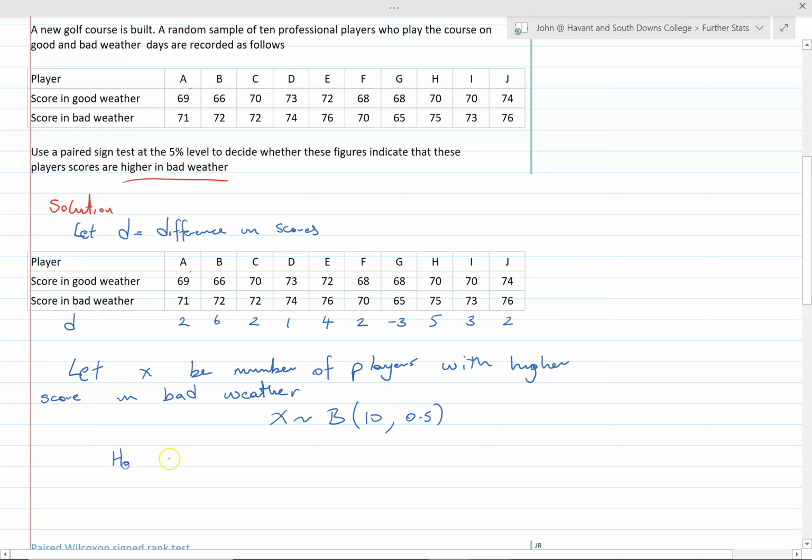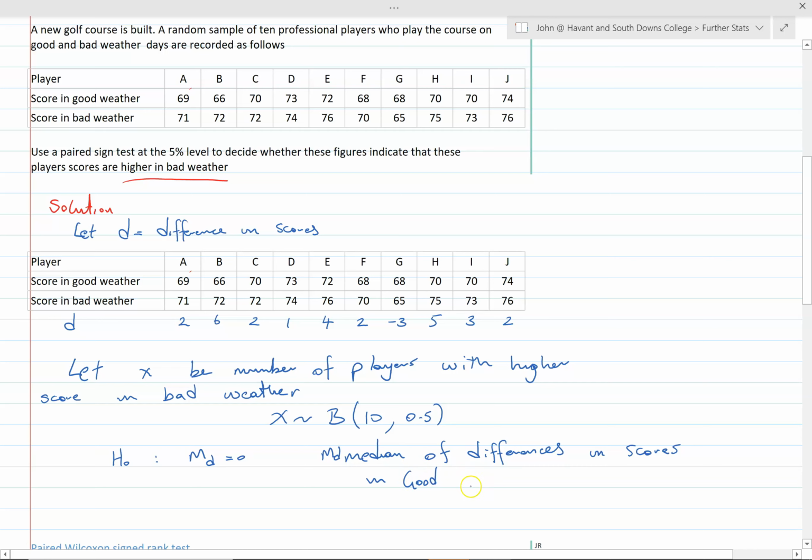So H0 is MD equals 0, so the median of differences of the population of golfers, not just these 10, obviously this sample of 10 is from the whole lot of professional golfers, that the median of differences in score, so MD is the median in differences in scores in good and bad weather.